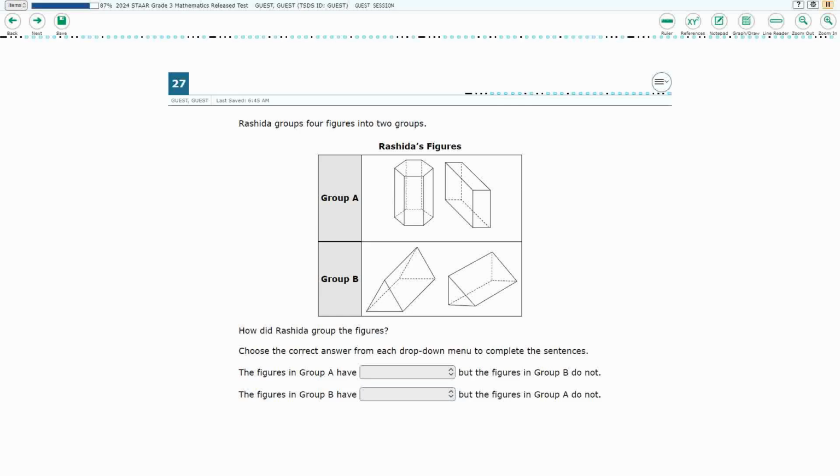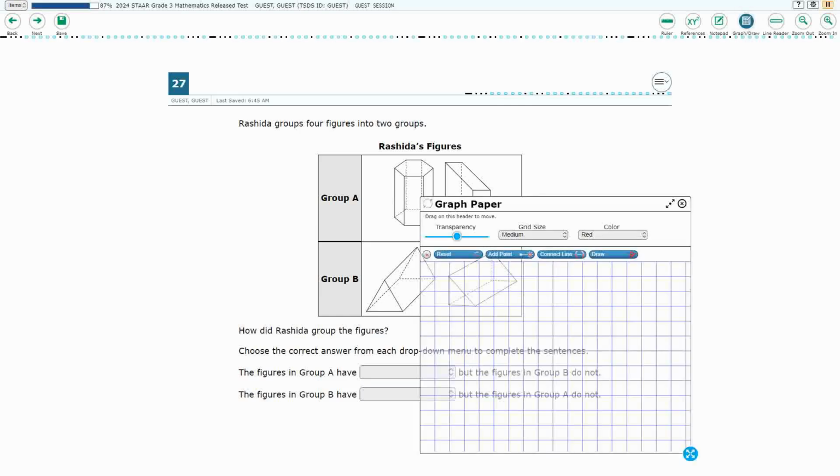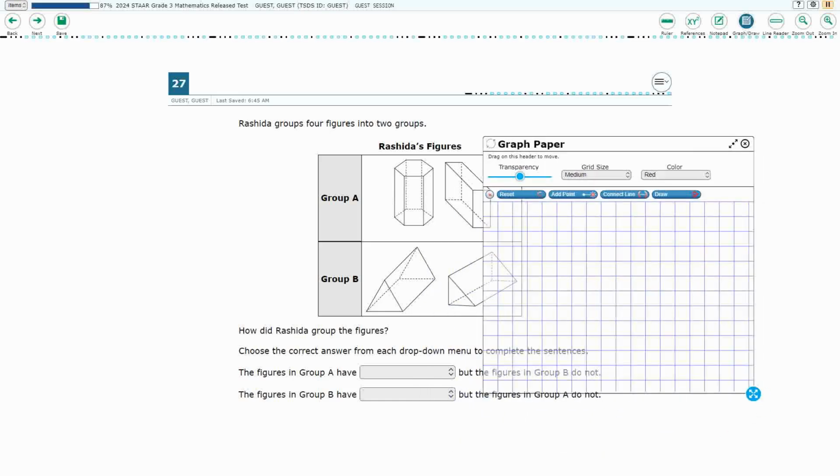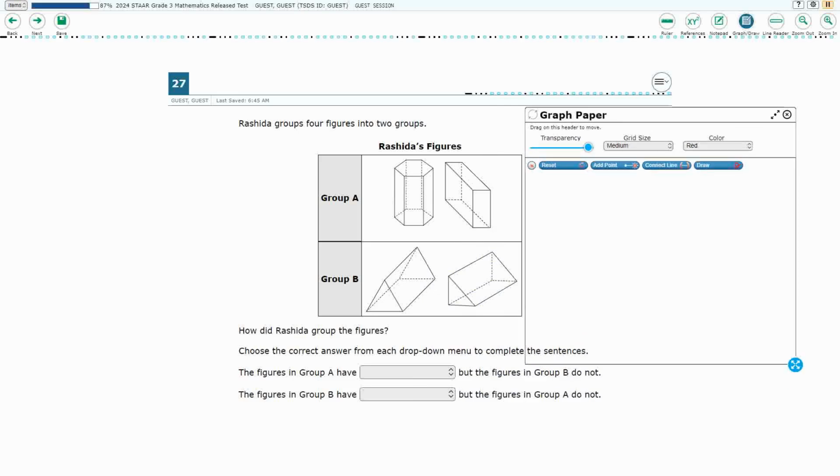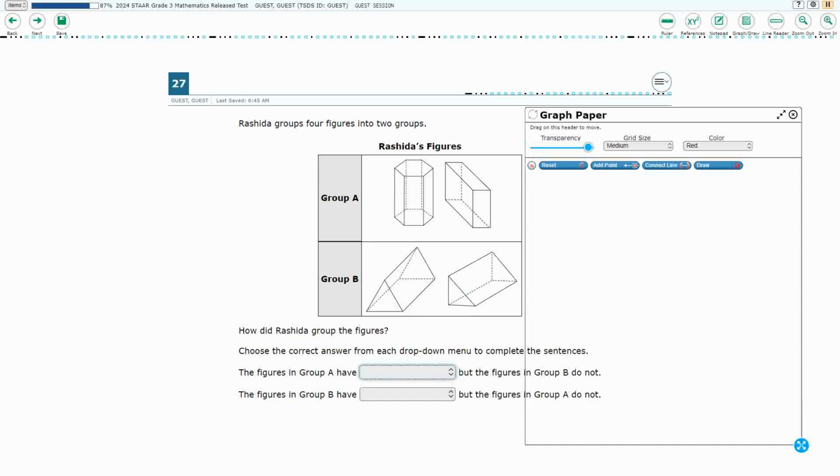So just for simplicity's sake, I want to write these 3 choices down on the side, and then we can just leave it open. So the 3 choices are more than 5 faces, and then the 2 different types of bases, triangular bases, and then rectangular bases.